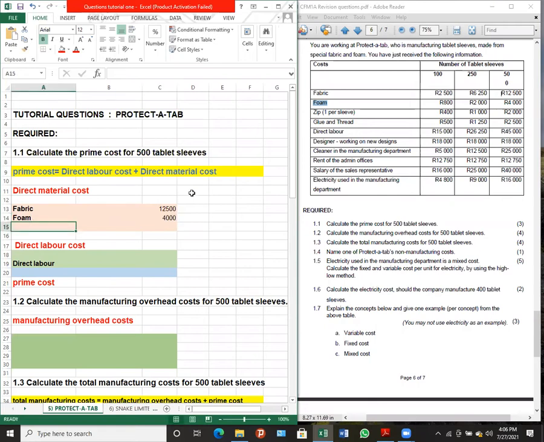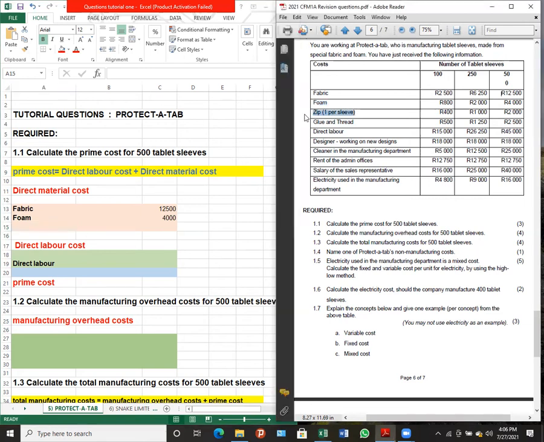And then what else? And then the zip for the sleeves.